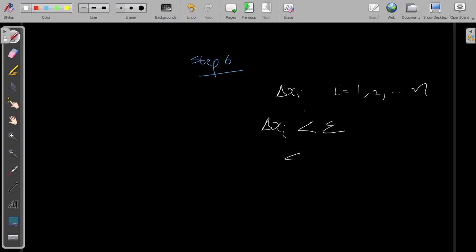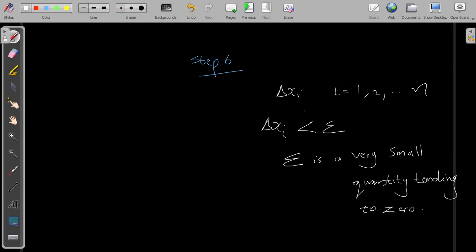This epsilon is a very small quantity tending to 0.